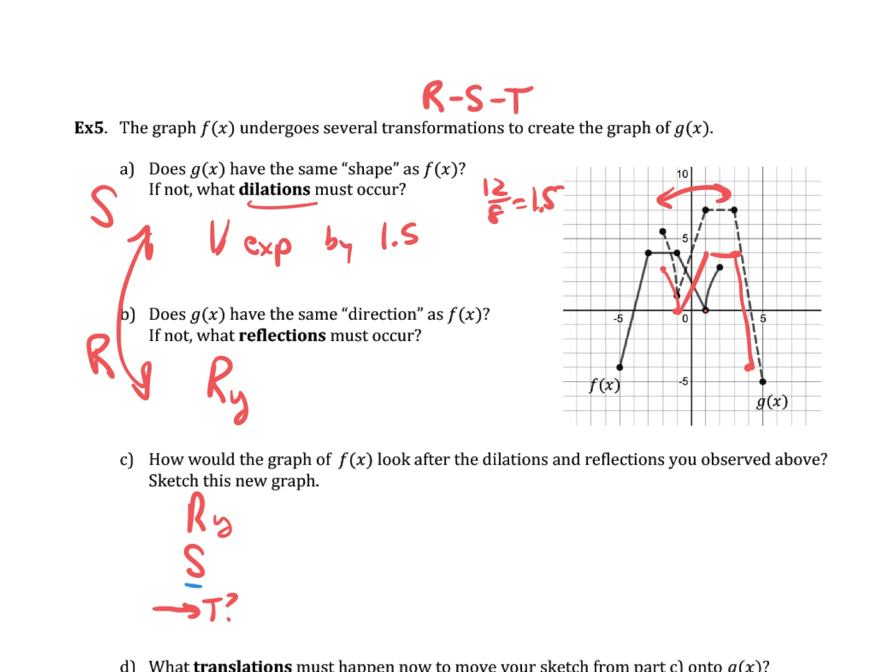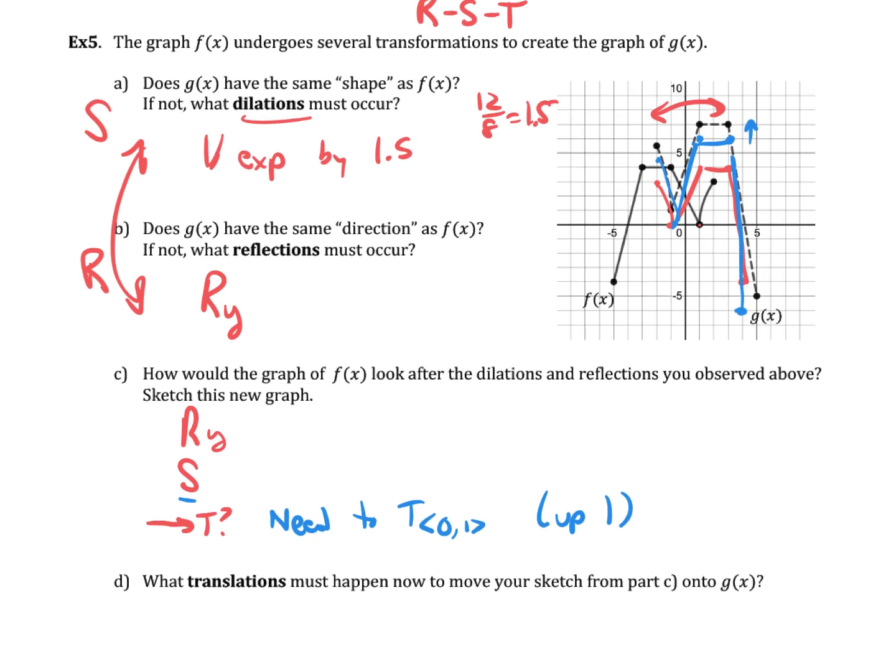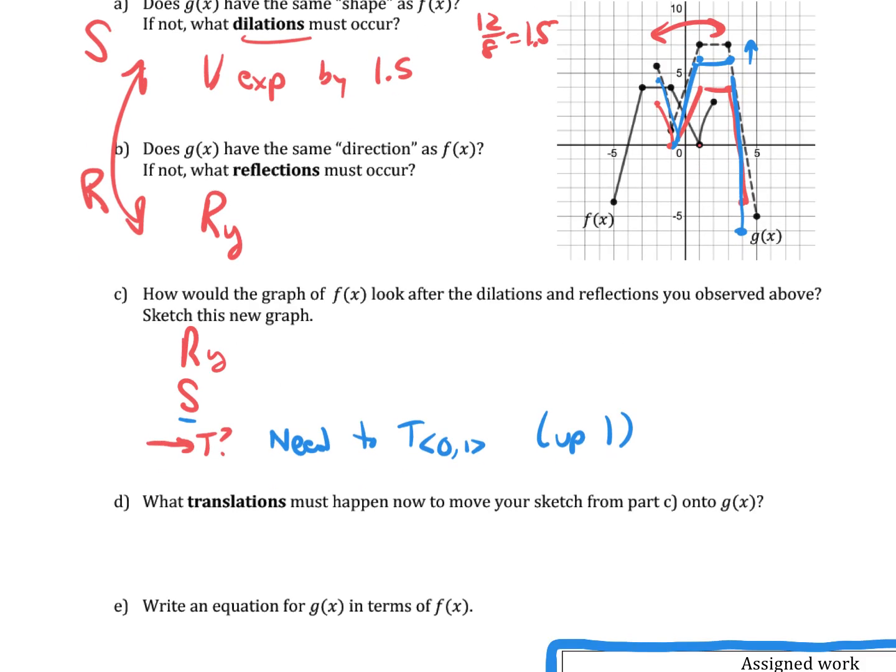After the stretch, things would go up to like 6 there. The 3 goes up to 4.5. The -4 down here goes to 6. So it's kind of, the zeros stay where they are. So it's kind of here. And if you look really closely, that whole thing is just 1 unit south of where it needs to go. I need to translate up by 1 more to get it to go where it needs to go. So the translation that's needed is an up 1. Oh, I said that already.